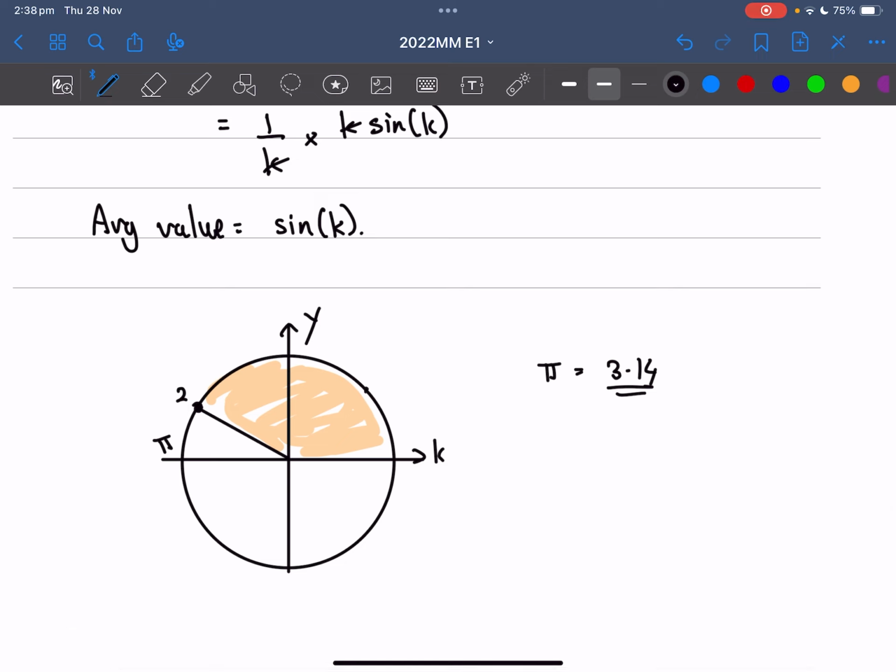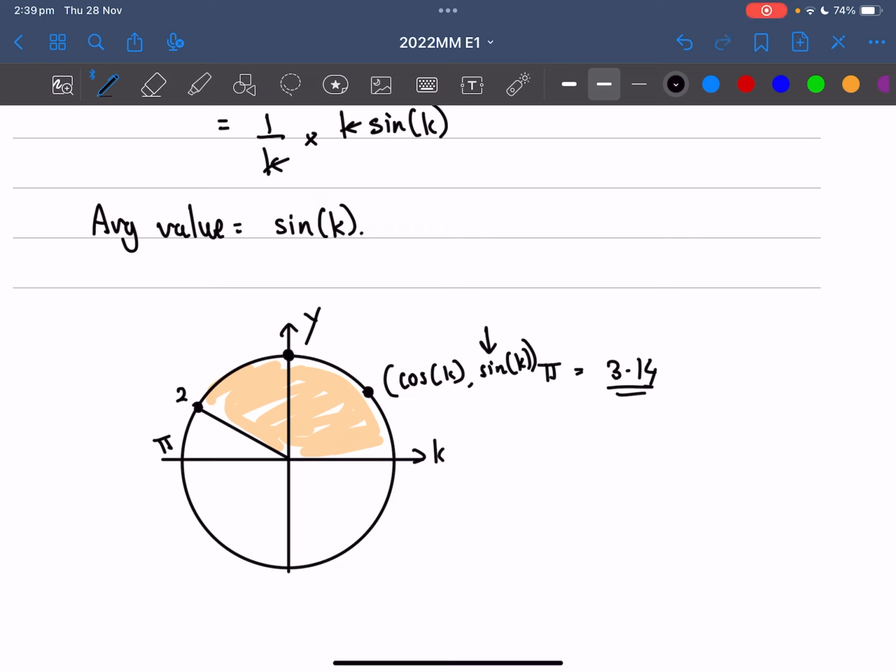Now what do we know about the unit circle? We know that any point on the unit circle can be denoted by cosine theta and sine theta, right? Or in this context, we can say cosine of k and sine of k. Now, the y coordinate is sine of k, which is what we have here. What is the maximum y coordinate in this shaded region? It's going to be here, right?